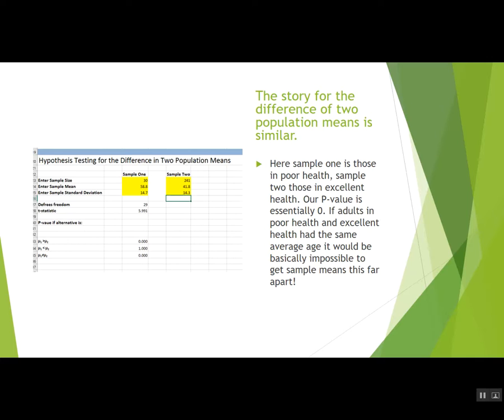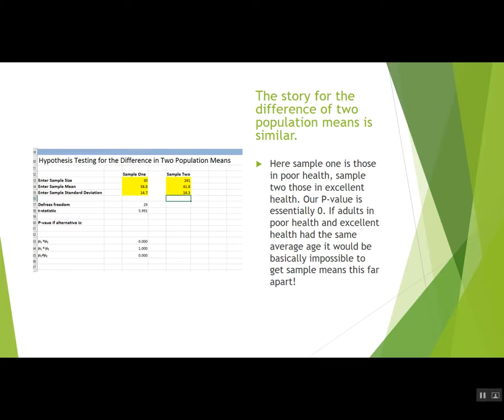And for 2 population means, the story of the difference is similar. Here, sample 1 is those in poor health, sample 2 are those in excellent health. The p-value we get here is essentially 0. If we took it to more decimal places, it wouldn't be exactly 0. It's never exactly 0, but it just means to 3 decimal places it's 0.